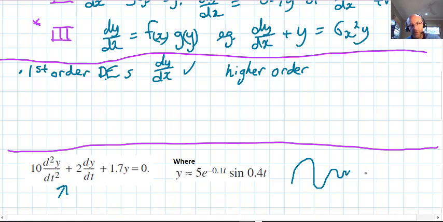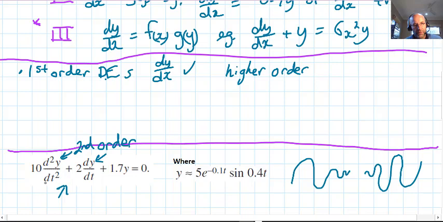Amplification works the opposite, like sound amplification. You can see that that's a second order because the highest order of derivative is 2. It's got the second derivative present. Even though it contains a first derivative in it, it is a second order because it's the highest. But again, that's beyond the scope, though it's nice to know about it. We're just sticking with first order.